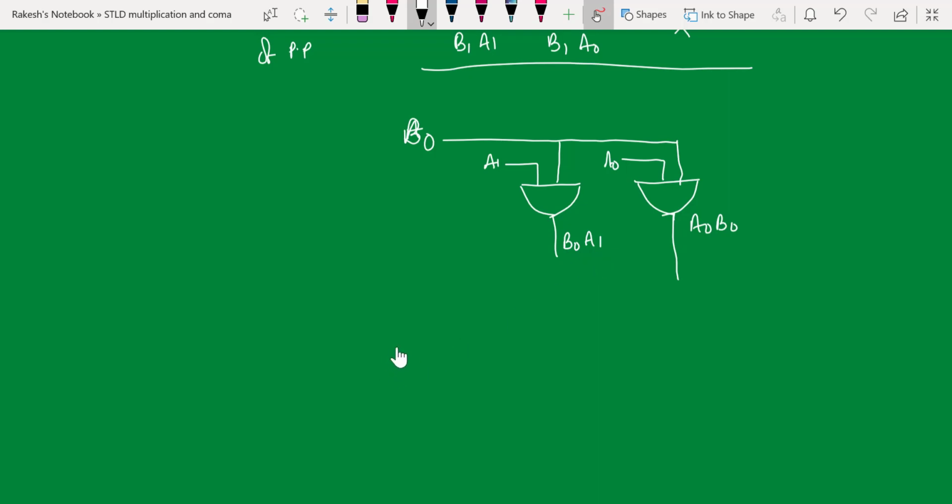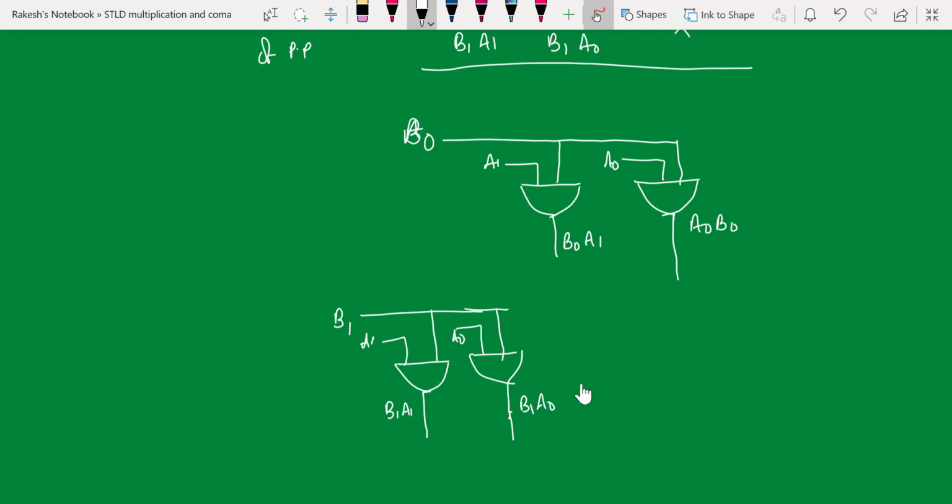Now you are going to take two more AND gates. You are going to have B1 here. B1 also will have two more AND gates. In this case also it is having A0 here, and this is also A1 here. Now you are going to produce B1 A0 and B1 A1.